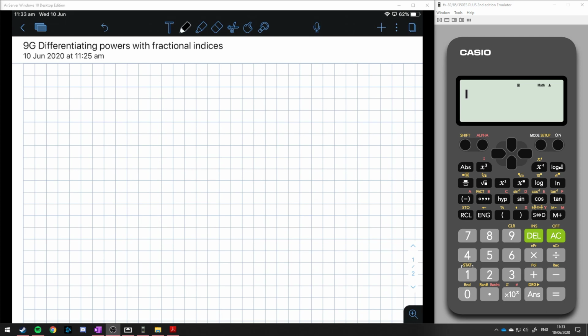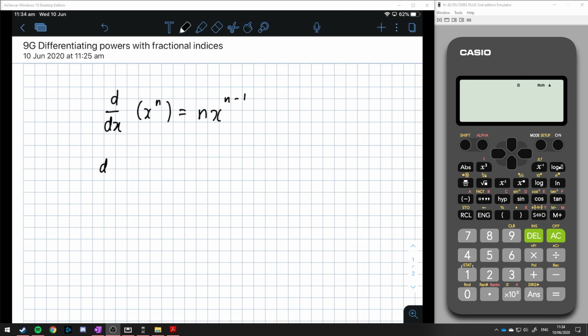So the rule that we've been associating ourselves with lately is that d/dx of some function x to the power of n is equal to n lots of x to the n minus 1. And this applies for all real numbers, so including the fractional numbers.